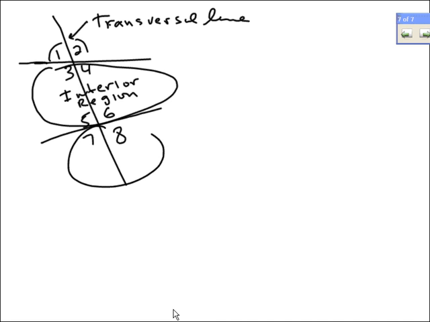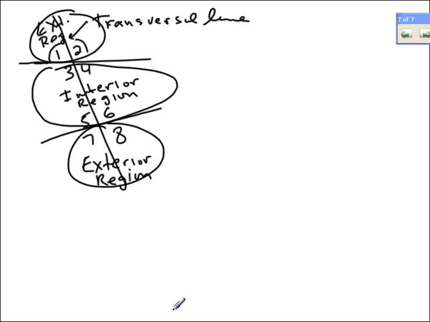And angles 7 and 8 are exterior angles, exterior regions, excuse me. And up here is also an exterior region. So angles 1 and 2 are exterior angles. Angles 3, 4, 5, and 6 are interior angles. And angles 7 and 8 are exterior angles.